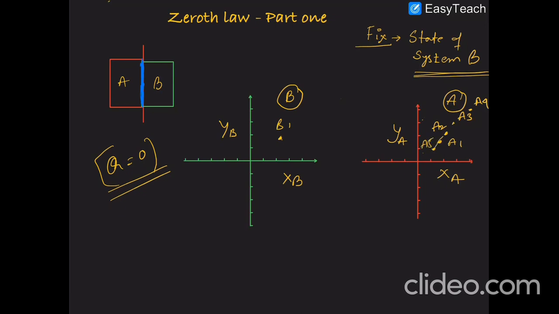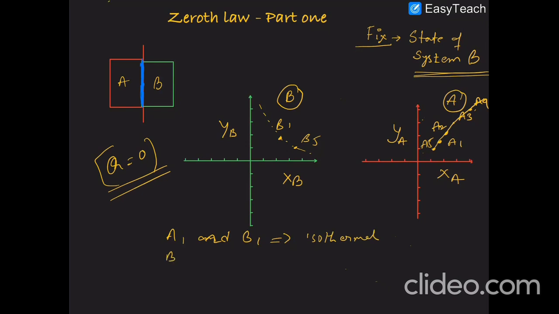Now you join this line. So you can really say that these are the states which are in thermal equilibrium with the state of B. That means any state in this locus is isothermal. That's the definition we stated before. Now, as we have stated, A1 and B1 are isothermal.